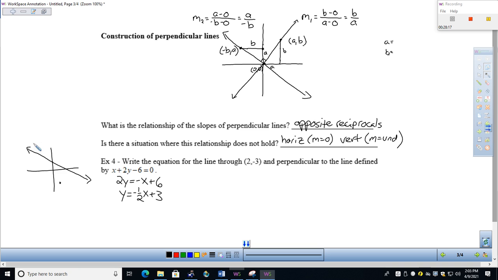So we need a line that goes through this point and is perpendicular to this line right here. I'm going to dot it, but I'm hoping you would see probably something like that right there. So a perpendicular line through this point and perpendicular again to that line right there.